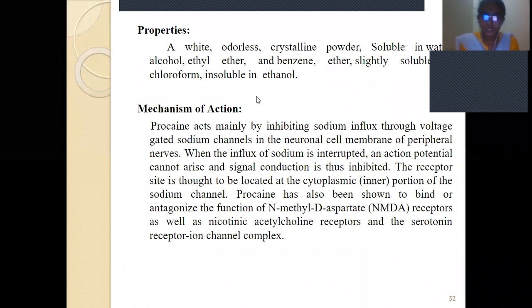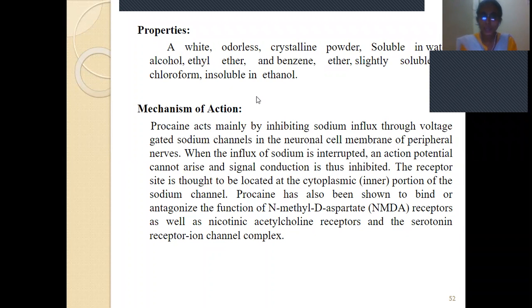Let's see the mechanism of action. It mainly acts by inhibiting the sodium influx through the voltage-gated sodium channels in the neuronal cell membrane of peripheral nerves. When the influx of sodium is interrupted, an action potential cannot rise, so signal conduction is inhibited. The receptor site is located at the inner cytoplasmic portion of the sodium channel.